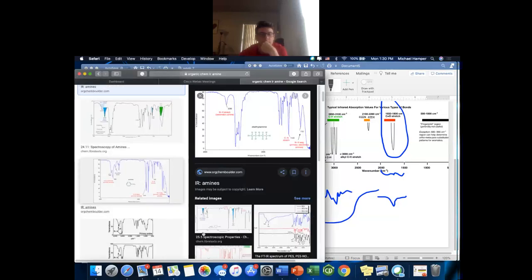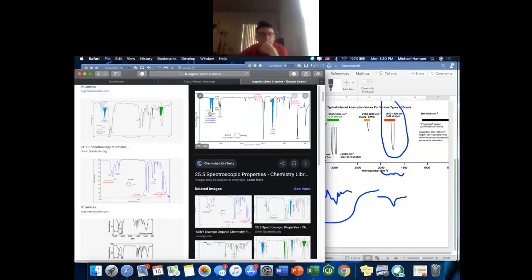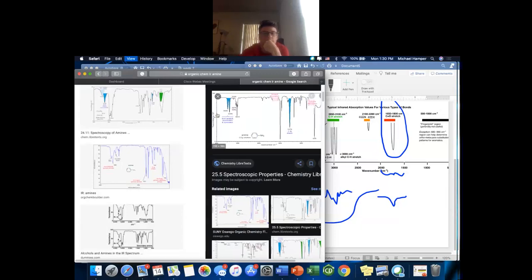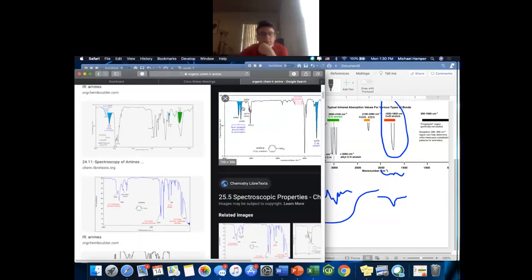Let me see another one. Here again, it kind of looks like teeth. Again, above 3,000, a peak that looks like this is indicative of the presence of an amine. Those are the main three that I would keep in mind.